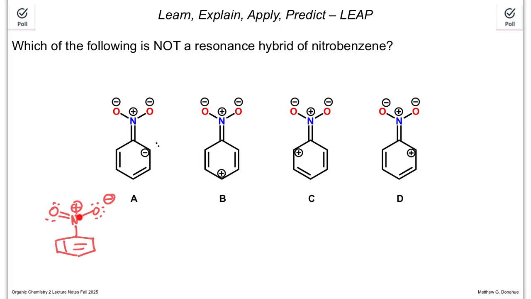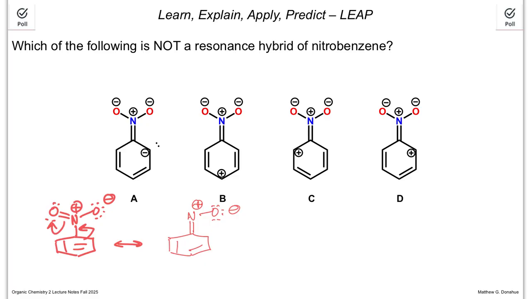That positive charge is really what's dictating the reactivity of the ring, because it's going to take electron density out, form a double bond to the nitrogen, and then push a negative charge on the oxygen. So notice overall that the N and one of the O's is still negative.